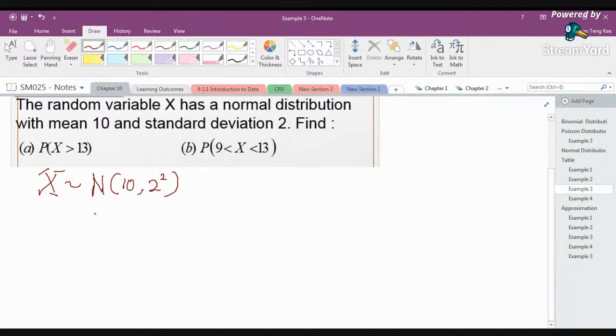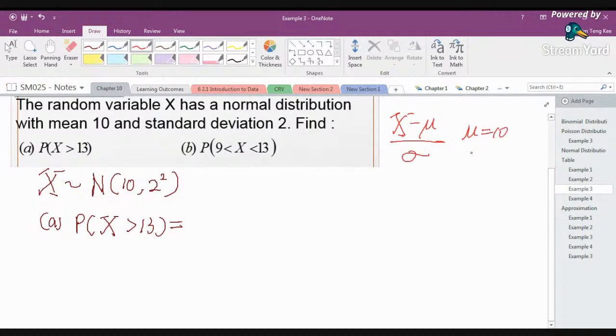Go on. Next, with this distribution now, we can solve for part A, where we have X greater than 13. How we get this answer is that we begin the calculation of standardization, where I have X minus mu divided by sigma. In this case, your mu is 10, your sigma is 2.